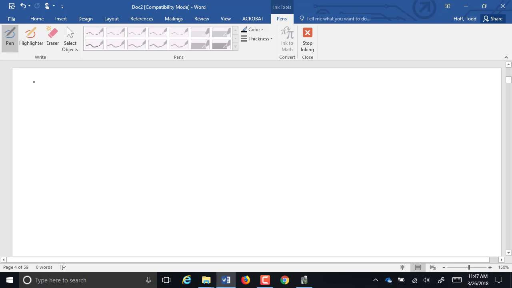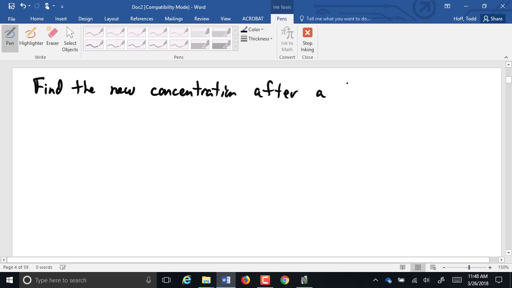For example, find the new concentration after a 36% solution is diluted to 9.